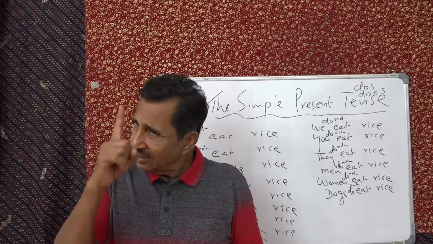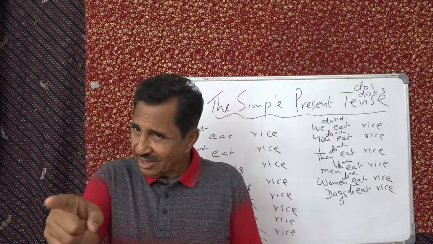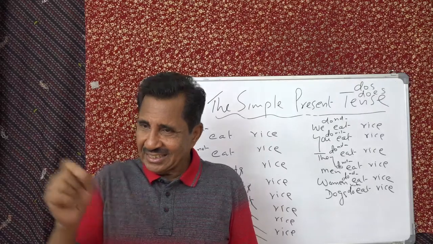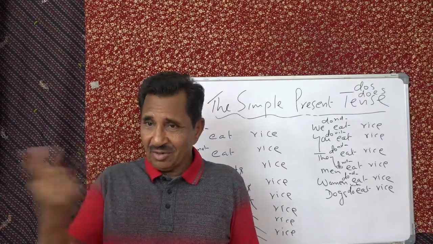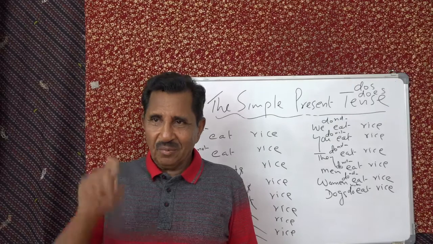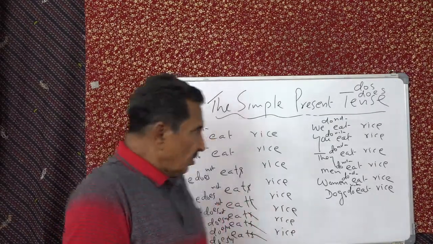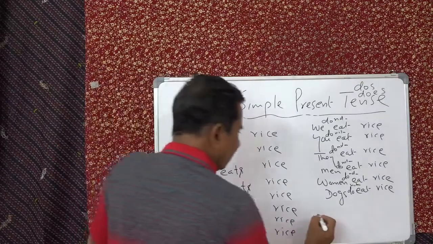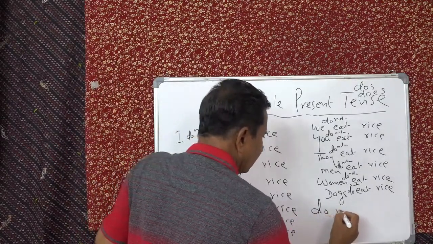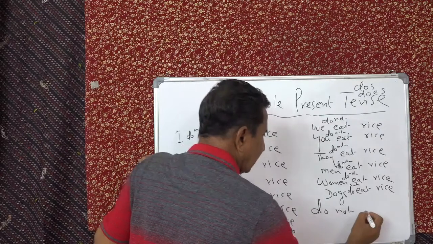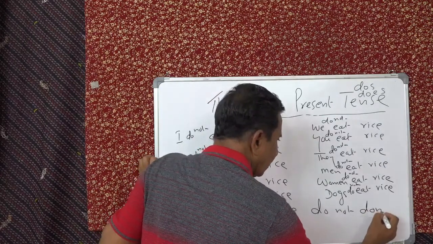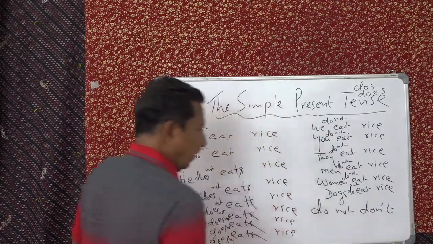What did we do there? Remember? Continuous tense. Isn't, aren't, not. So you used an apostrophe for the missing word. So here also you can do the same thing. Instead of do not, you can write don't. See that?